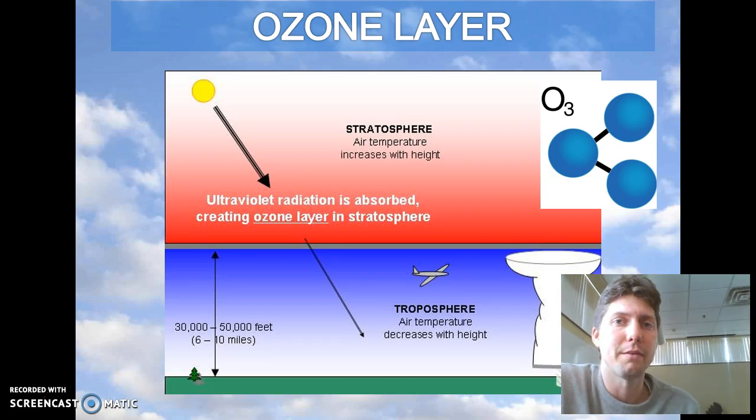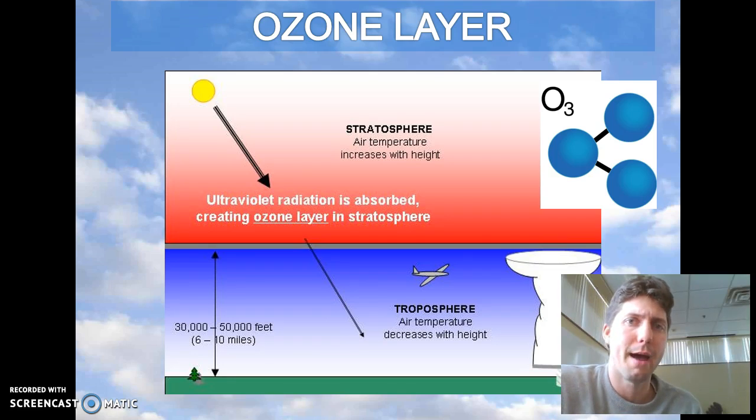It's been a big topic of discussion as the ozone layer has depleted and gotten a lot thinner in some places on Earth, and there are certain pollutants that humans put into the air that can break down the ozone layer, which has been a big topic to continue to figure out how we can stop that from happening.